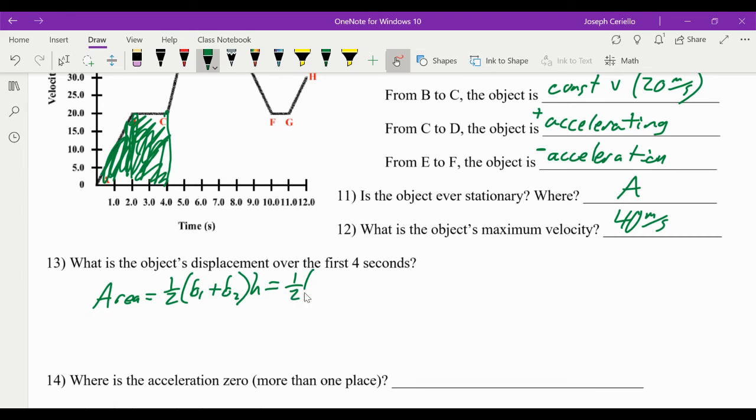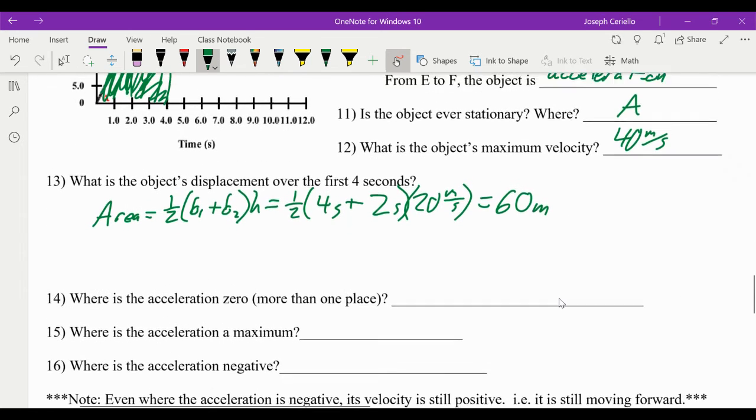So 1/2, base 1 is going to be at this bottom here, so we'll say 4 seconds, plus base 2 is going to be up here, so that's 2 seconds, times the height, which is 20 meters per second. So 1/2 of 6, so 3, times 20 is going to be 60 meters.